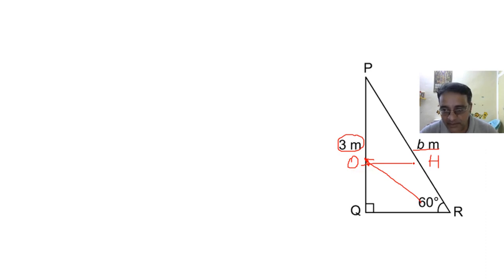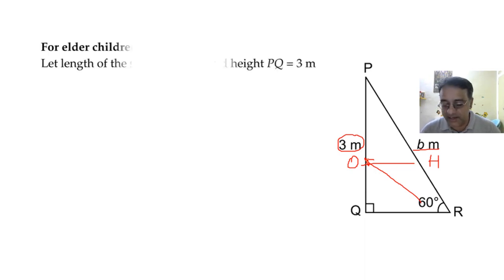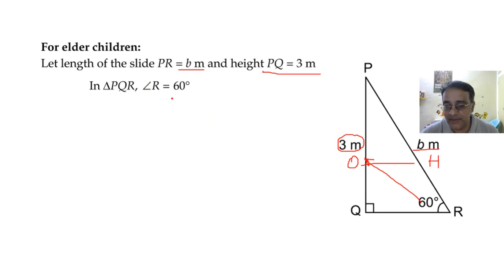Sin theta. Right, sin theta. So हम लोग को ये तो पता चल गया कि sin theta यूज करना. Even you can use cosec theta also, but I advise you to prefer basic trigonometric ratio. So let the length of the slide be b meter and height PQ is equal to 3 meter. So in triangle PQR, angle R is equal to 60 degree.